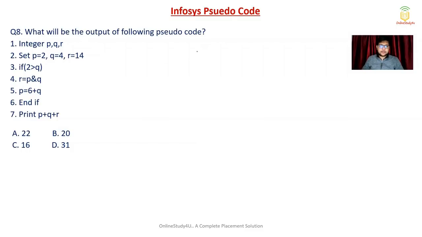In this question, we again have three integers P, Q, and R. I hope this is clear. The writing is clear. P, Q, and R. The value of P is 2, the value of Q is 4, and the value of R is 14. Now we have to check if 2 is greater than Q. Is 2 greater than 4?